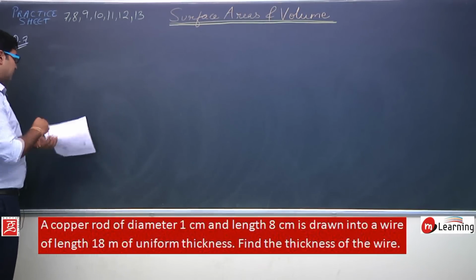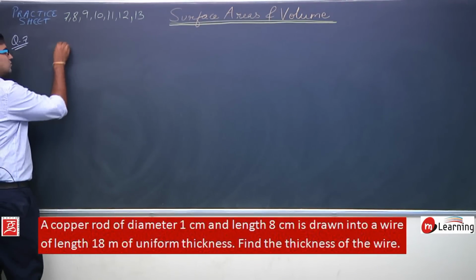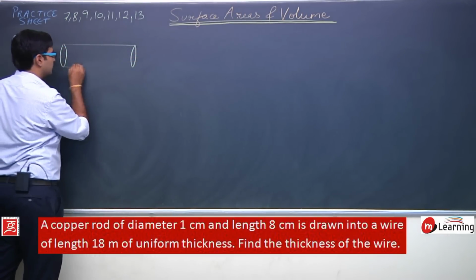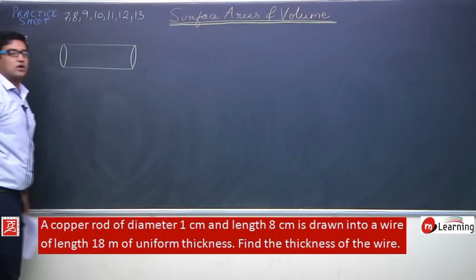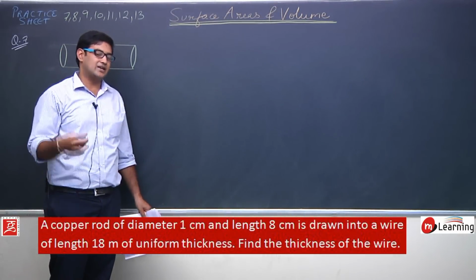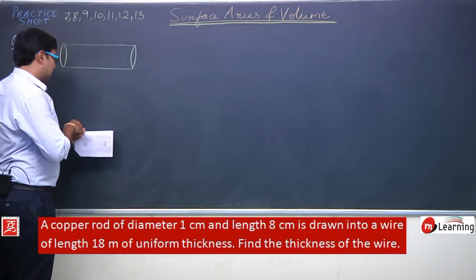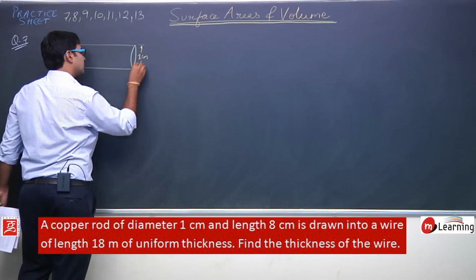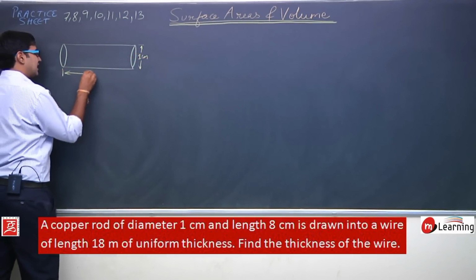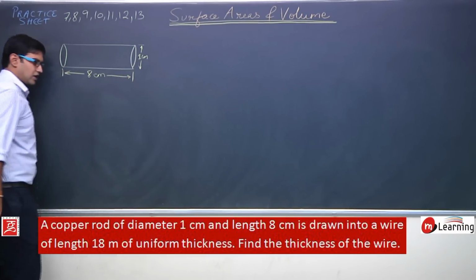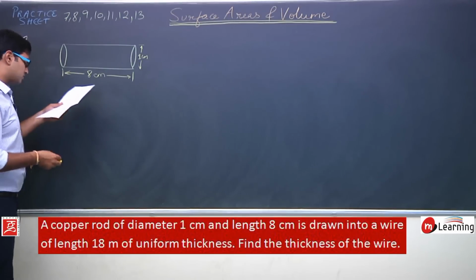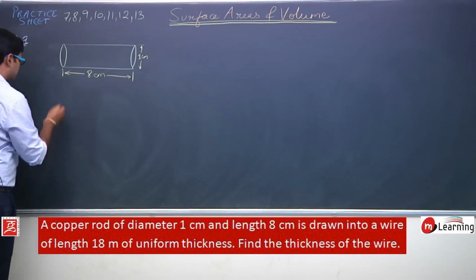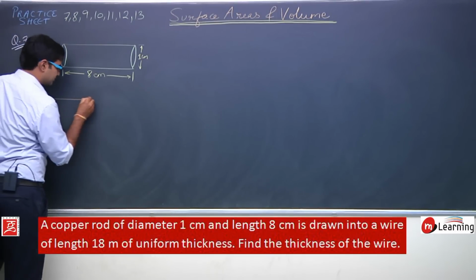What we can see is, let us say this is a copper rod. A rod looks like a cylinder. A rod is basically a solid cylinder. The diameter of this copper rod is given as 1 centimeter and the length is given as 8 centimeters. Then this copper rod is converted into a wire.